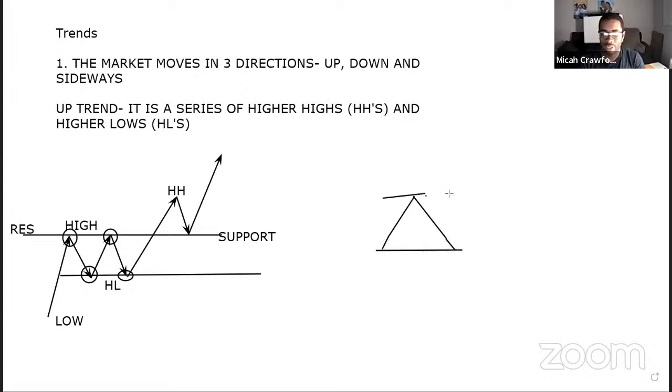Now, when we build a house, let's say we wanted a second story, right? We have to break the ceiling, or break resistance, to create a new ceiling, right? And then your previous ceiling, if it was broken, that will become your new what?